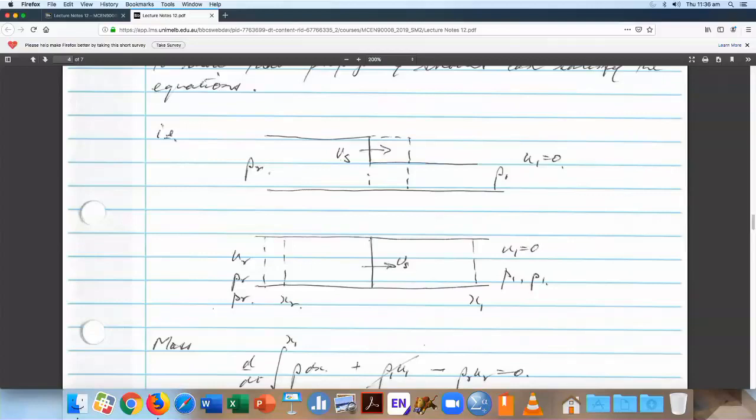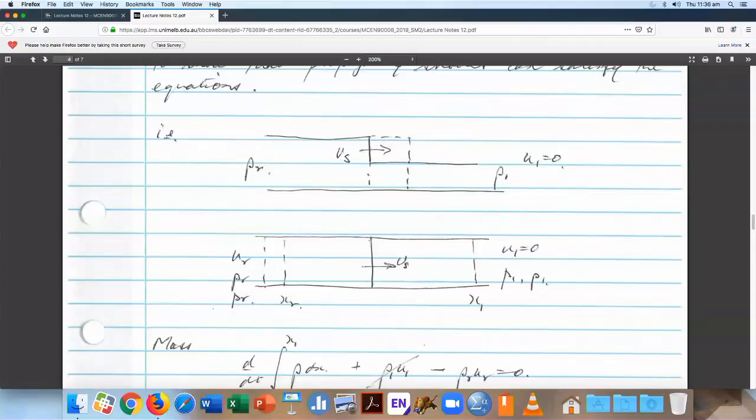And what I'm going to expect to happen is that the density after I've come through the shock would be a little higher. The pressure would be higher than the pressure downstream here, because the flow has come through the shock wave.